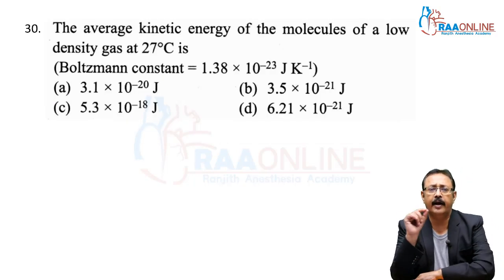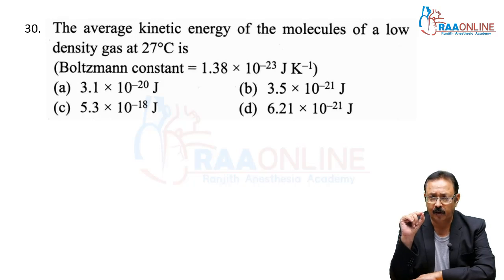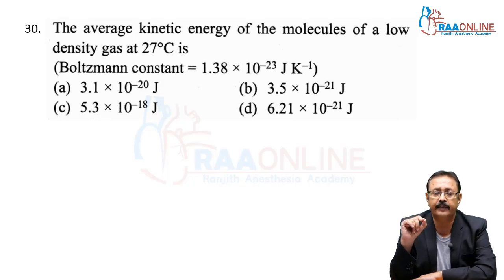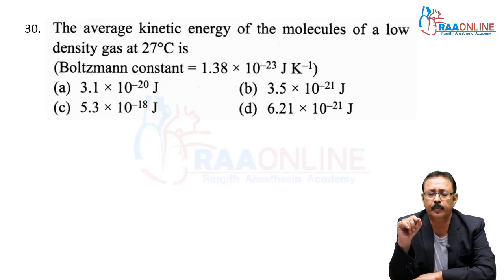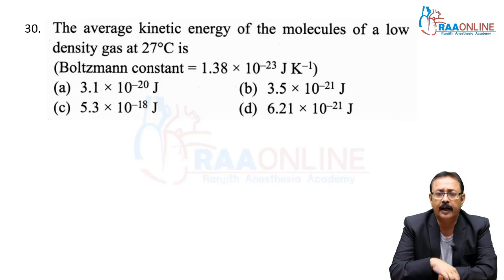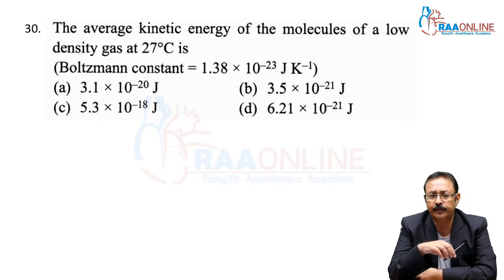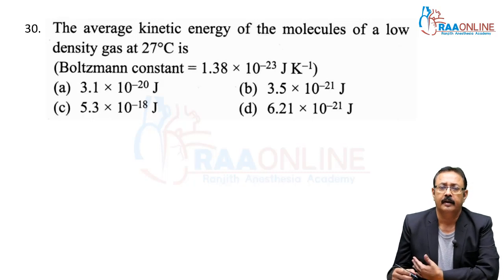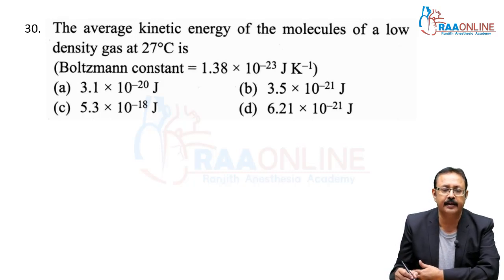Next, the average kinetic energy of the molecules of a low density gas at 27 degrees Celsius is, Boltzmann constant is 1.38 into 10 to the power minus 23 joule per Kelvin. We want to calculate the average kinetic energy of the molecule at 27 degrees centigrade.